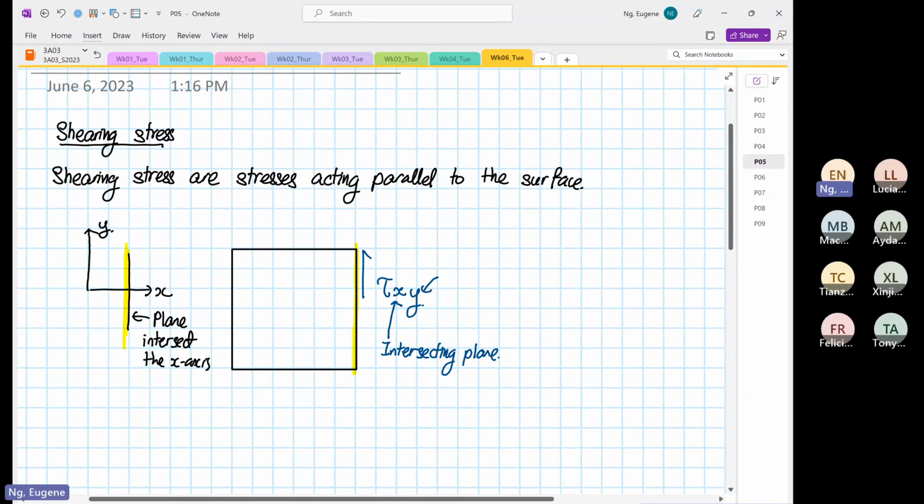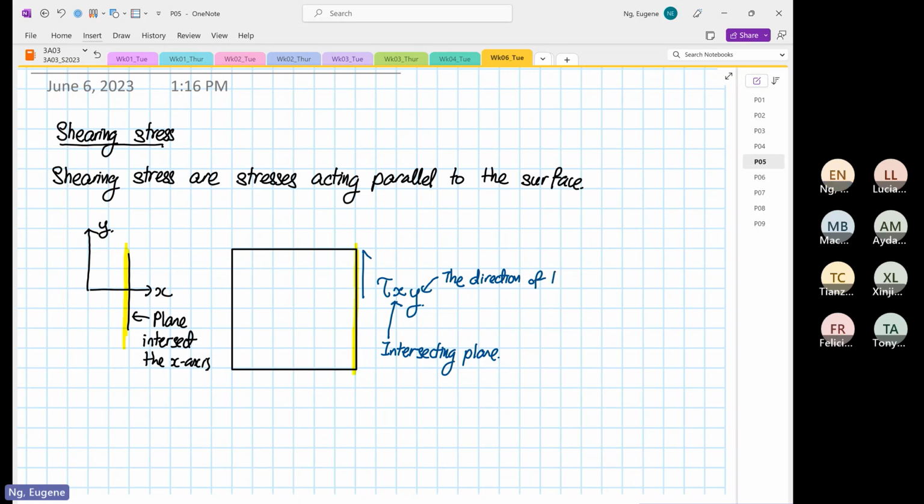This y defines the direction of the shear stress. Okay, so for this case it is vertical, that's why we call it y.